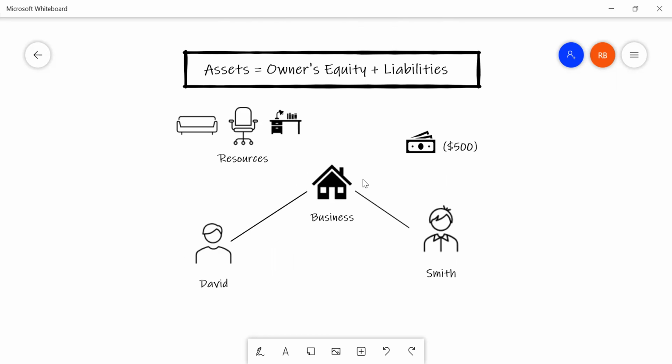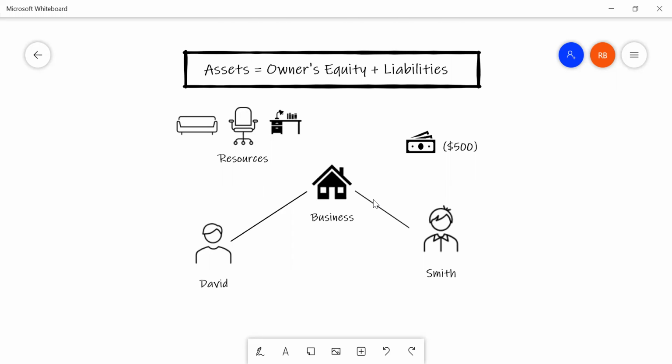To start his business, he requires resources such as furniture, air conditioners, etc. These resources are controlled by this business, right? And also, these resources are already purchased. That means it's a result of a past transaction.